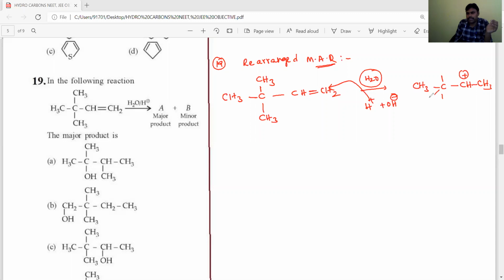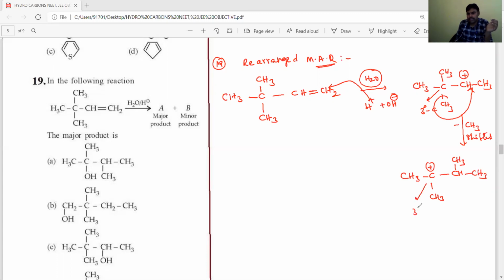But the adjacent carbon is a tertiary carbon. If a methyl group shift takes place, CH3 shifting from the adjacent carbon to the carbocation, then it produces a more stable tertiary carbocation. This tertiary carbocation is more stable. Then the OH minus ion will be added at the more stable carbocation.